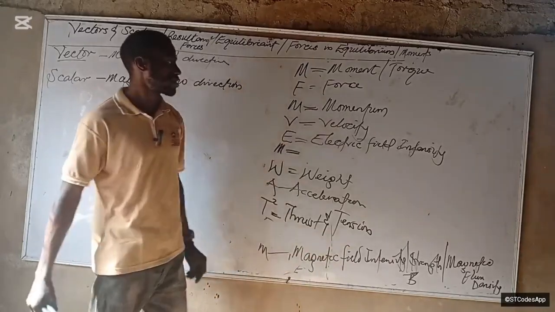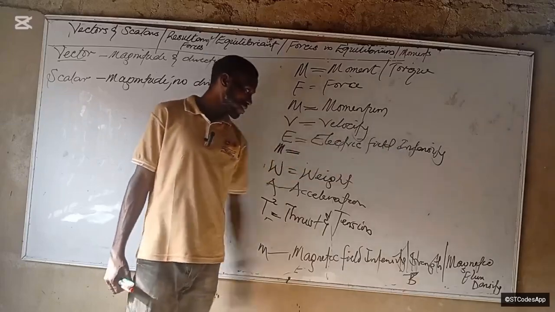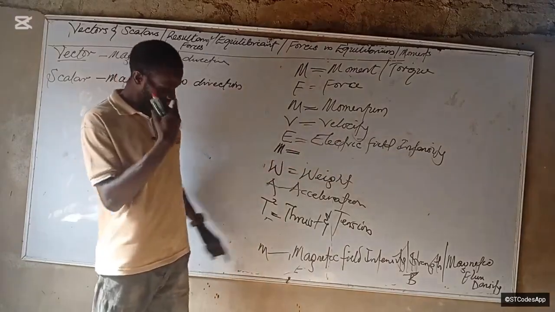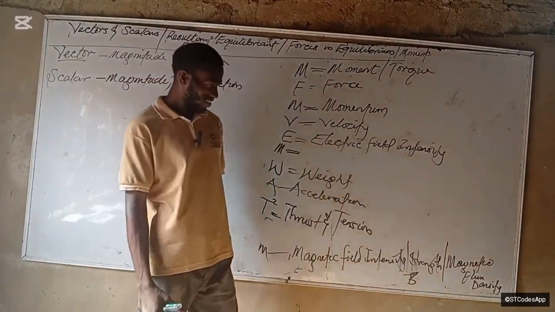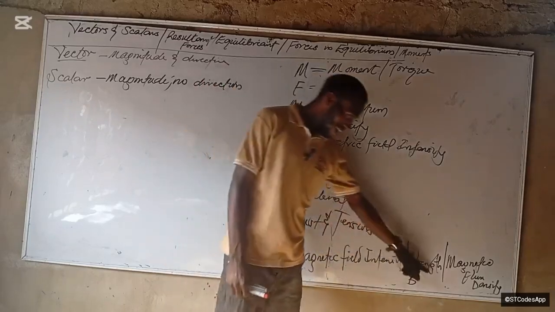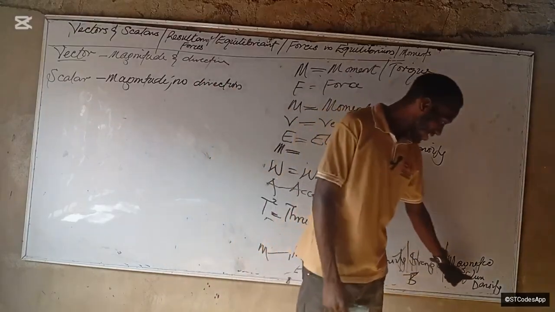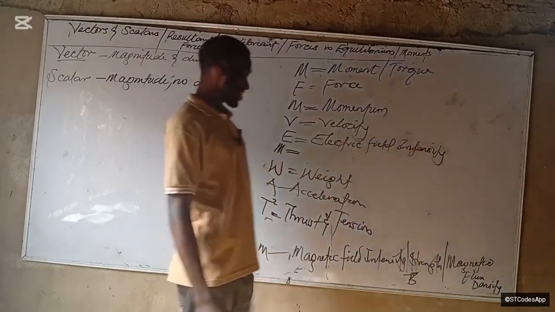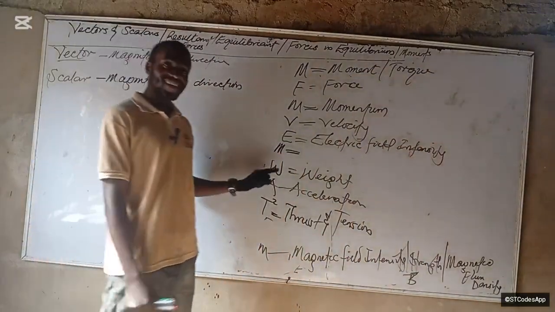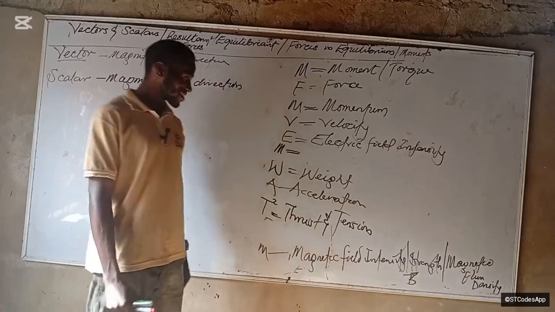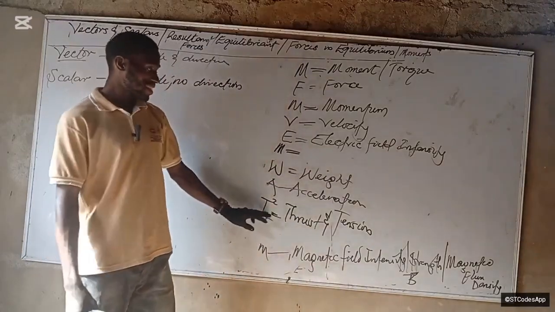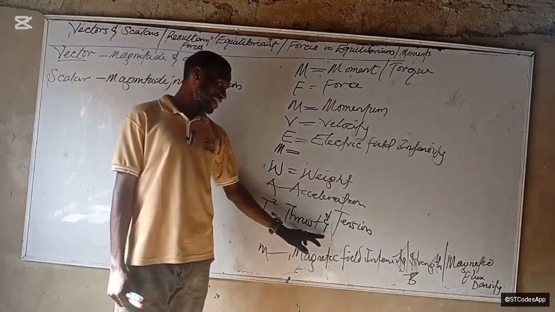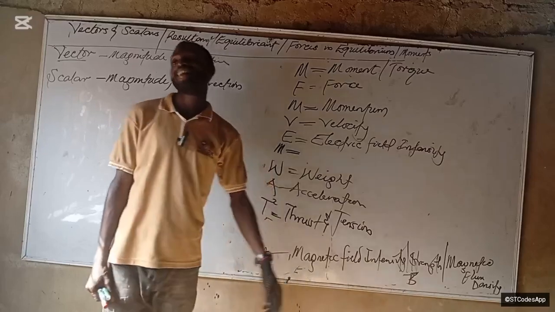V for velocity. E for electric field intensity. M for magnetic field intensity or strength, magnetic flux density. W for weight. A for acceleration. T for thrust and tension.